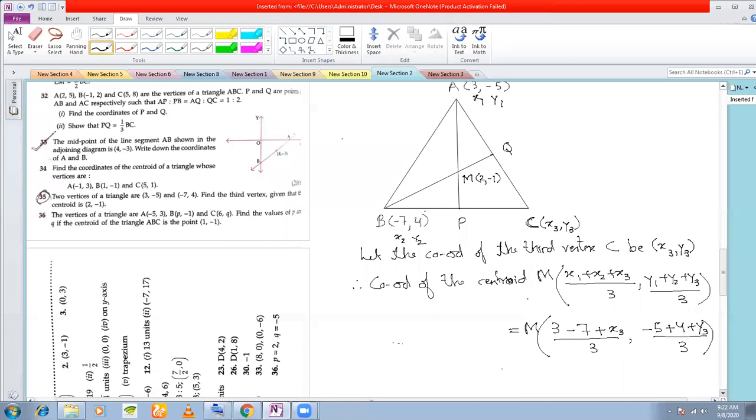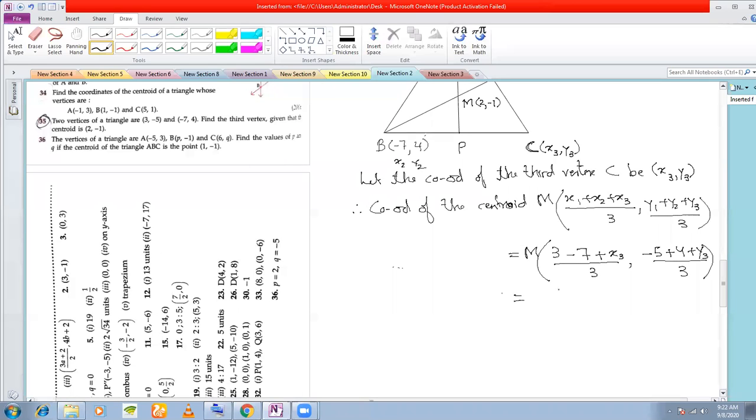If you simplify, you get 3 minus 7 is -4 plus x3 divided by 3, and here you get -1 plus y3 divided by 3.